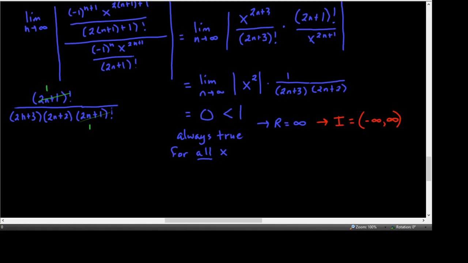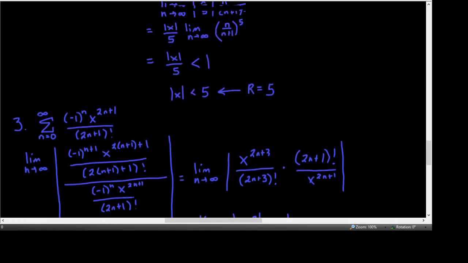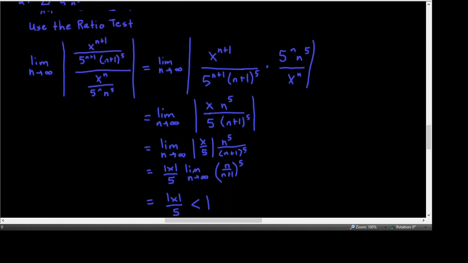So we're actually skipping to example 5, where it says find the intervals of convergence for the 3 power series in example 3. So we've already done number 3. The interval of convergence is negative infinity to infinity. So let's back up one. Let's look at this one.